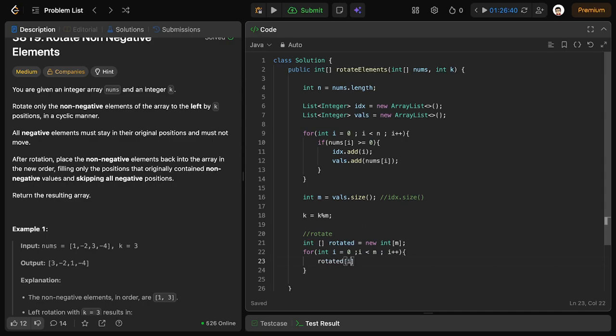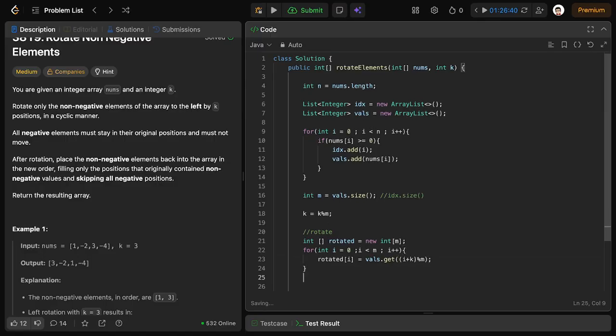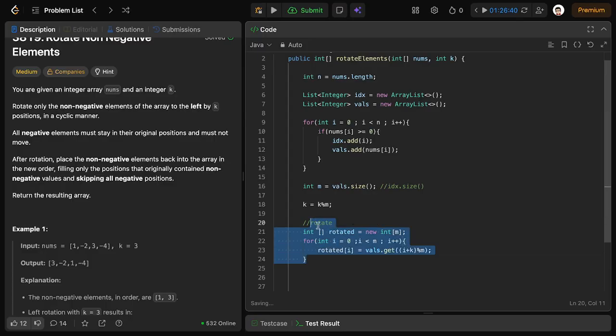rotated at i. So the first index in the rotated array would be nothing but vals.get of (i plus k) mod m. This is it, I rotated my array.